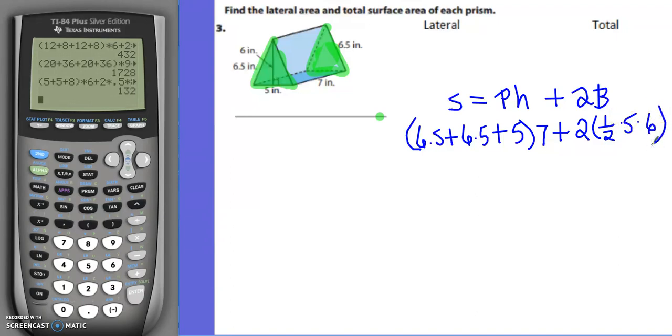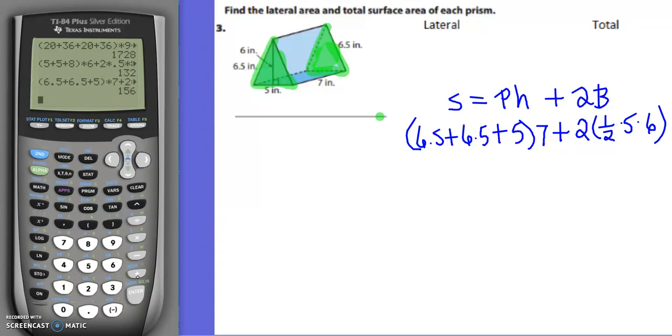Okay, we're going to type all of this in. So we have 6.5 plus 6.5 plus 5 times 7 plus 2 times 0.5 instead of 1/2 times 5 times 6.